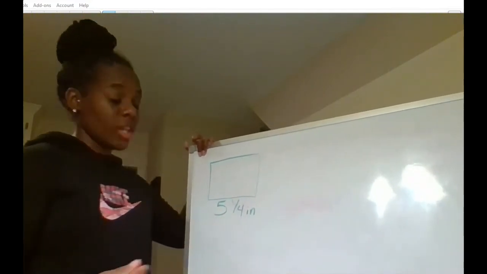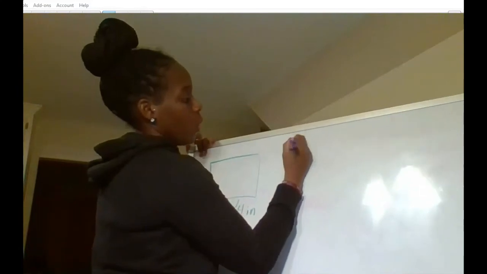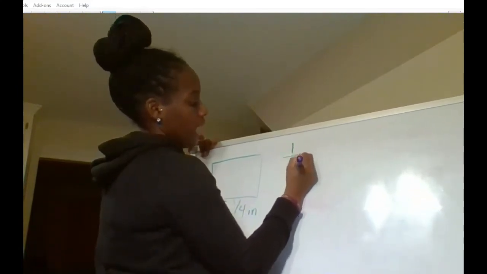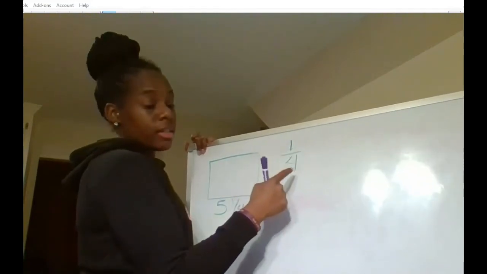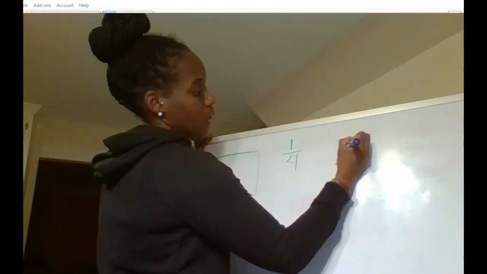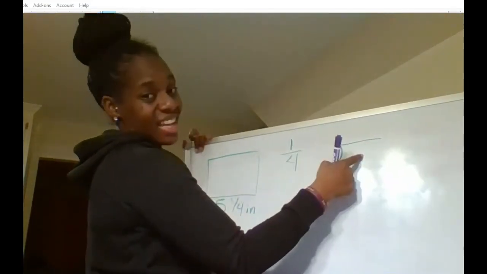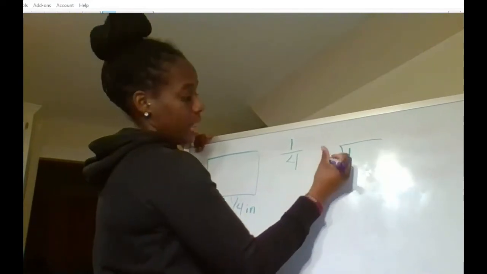So how do you change a fraction into a decimal? I take 1/4 and I see, well, how many times can the numerator go into the denominator? When we're doing this, your numerator goes inside the house, your denominator goes outside, okay?